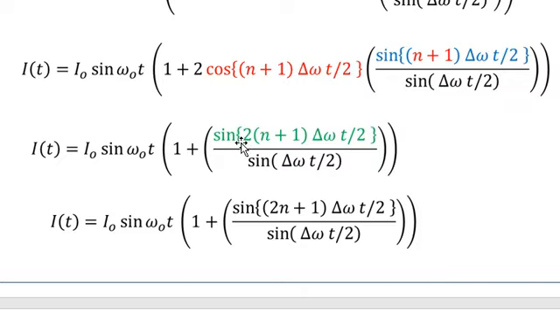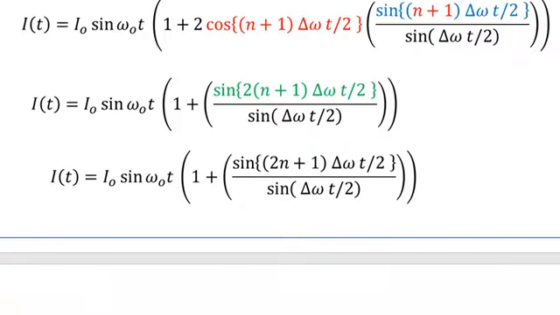Then you can multiply by 2, and inside you have 2n plus 2, and I have ignored 1 over here again because I wanted to write it in a meaningful form so that I can make a comparison with the mode locked case, because I am going to discuss this unmode locked case. So this factor should actually be 2n plus 2, but I have written it as 2n plus 1 because the addition of 1 would not make much difference. Now the next step will further simplify these.